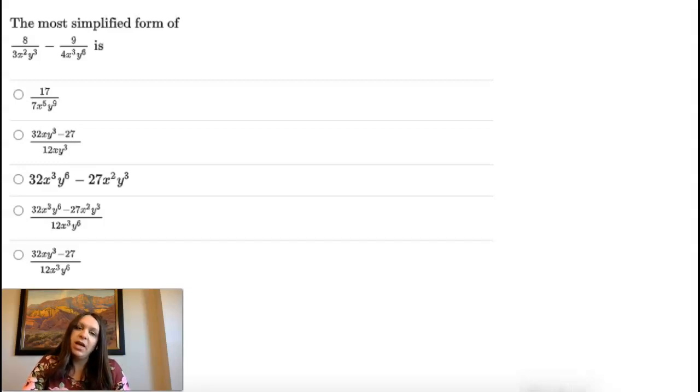So we have 8, 16, 24. 3 doesn't go into 16, but it does go into 24 if we multiply by 8. So I'm going to multiply both of those by 8. And this side by 3.